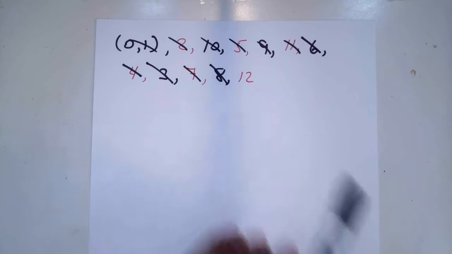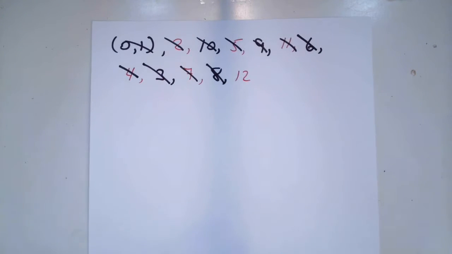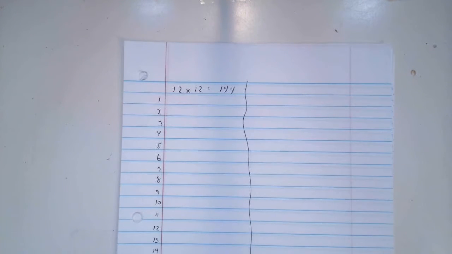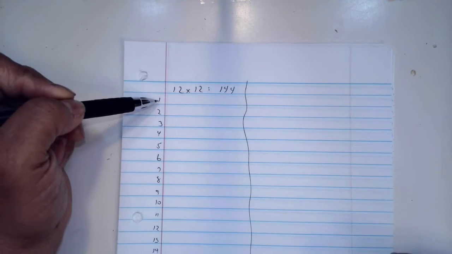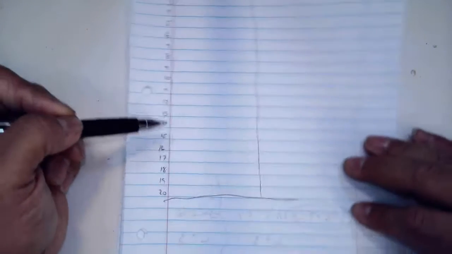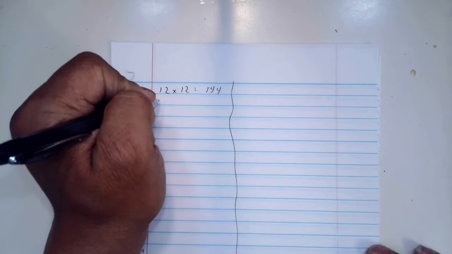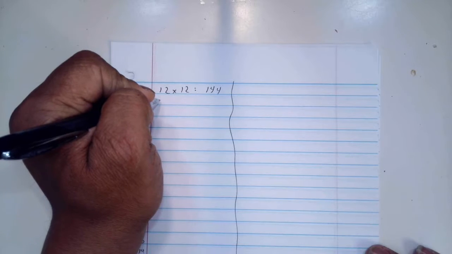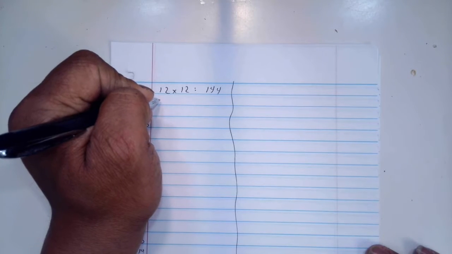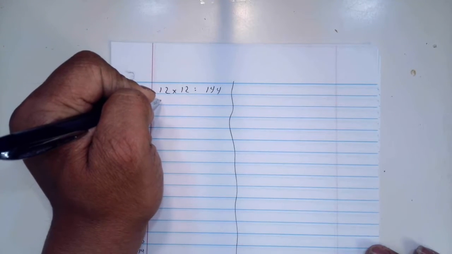So for this one, all we have to do is memorize 12 times 12. And like always, me being old school, we are writing it down 20 times, okay? As you write it, you say it out loud, and that way you can also hear yourself, you can hear the multiplication fact of the 12.